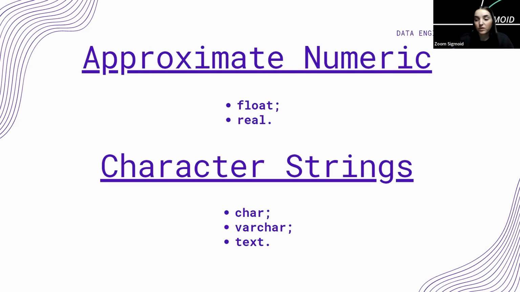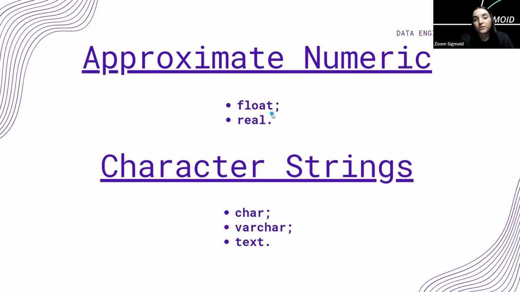Moving next to approximate numeric, as the name can tell you, the approximate numeric data types store floating point numeric data. They are often used in scientific calculations. So here you have only float and real.